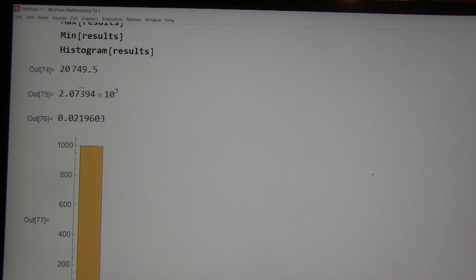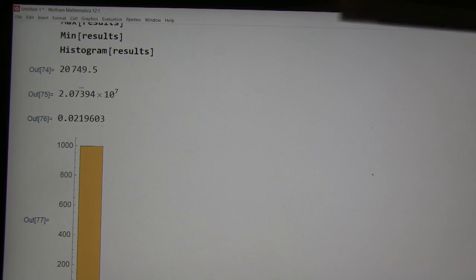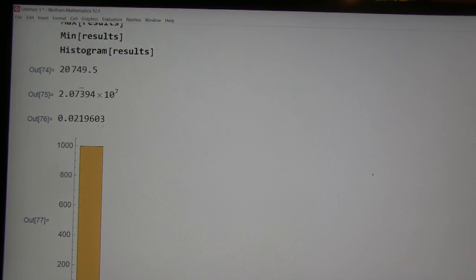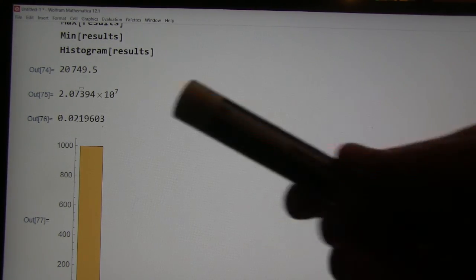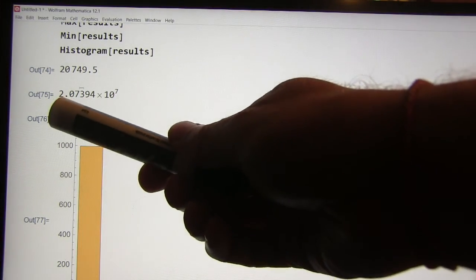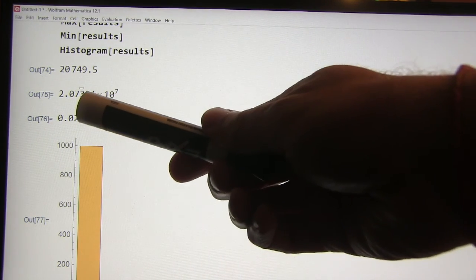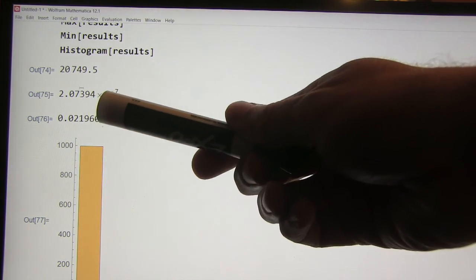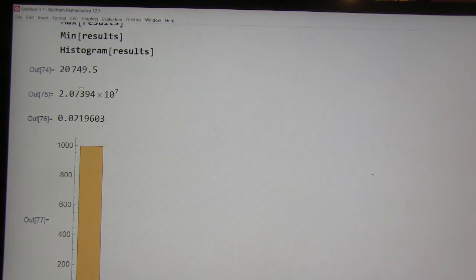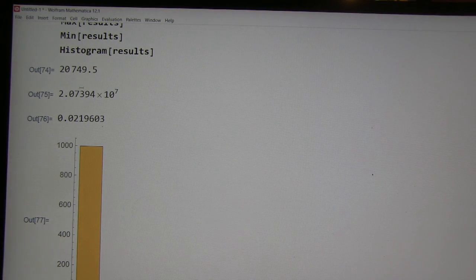The average would be like basically 1. Well, we don't know what it would be, but the influence of the maximum on the average is, you can even see it's the first 3 digits, right? Yeah. 20,700,000 divided by 1,000 is 20,700. So the single maximum had a heavy influence on the average.